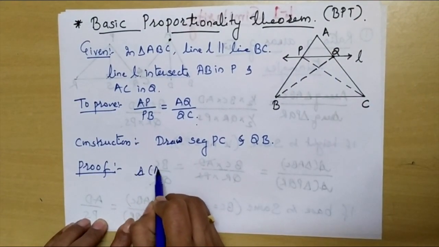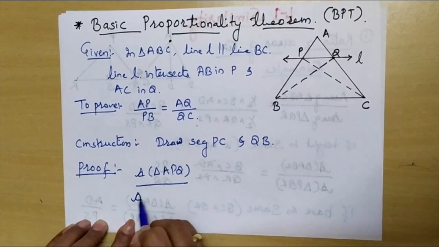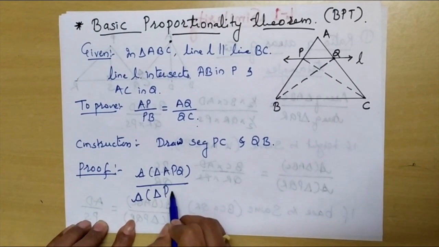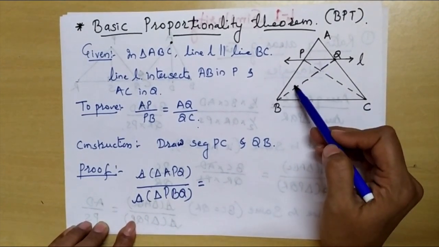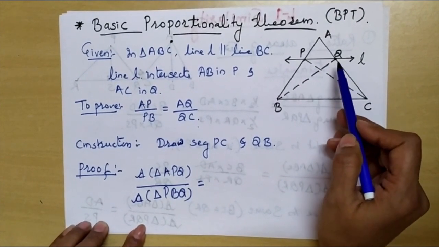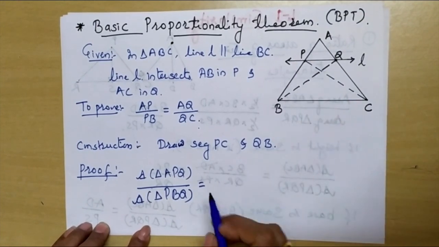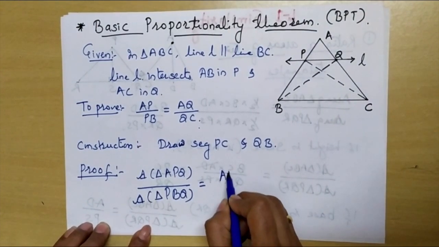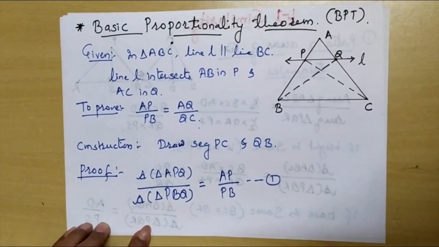Area of triangle APQ upon area of triangle PBQ will be equal to. Now for these two triangles, the base is the same, PQ is the same. So if the base is the same, the areas are proportional to their corresponding heights. So it will be AP upon PB. Equation first.